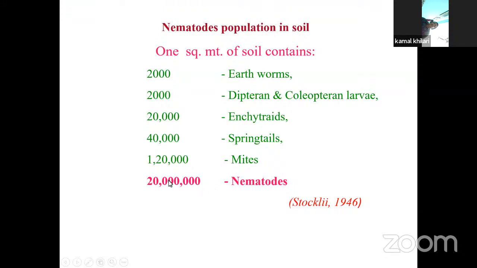So these 2 crore population may be fungal feeders, plant parasitic, or saprophytic. So there may be different kinds of population. Only about 10% of nematodes may be plant parasitic, not necessarily 10%, but the population in 1 square meter of soil may be near about 2 crores.